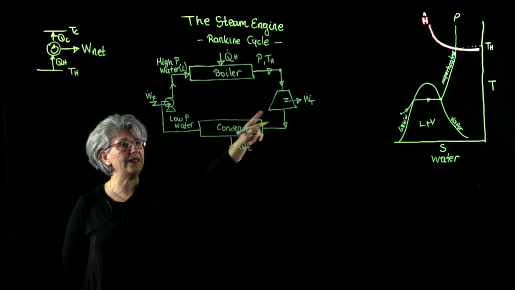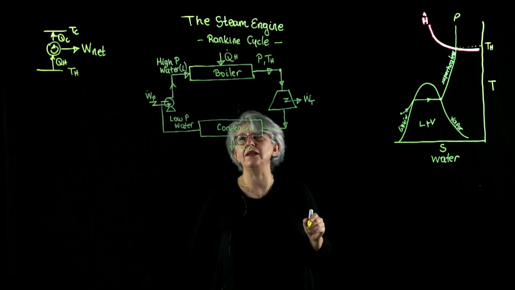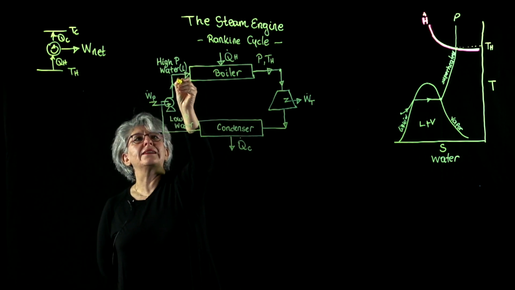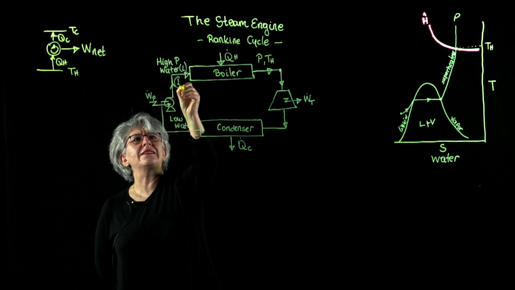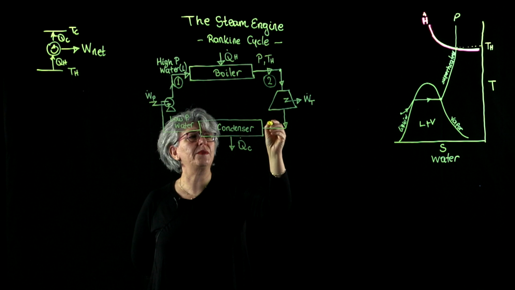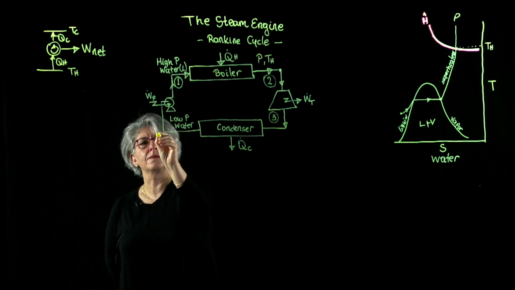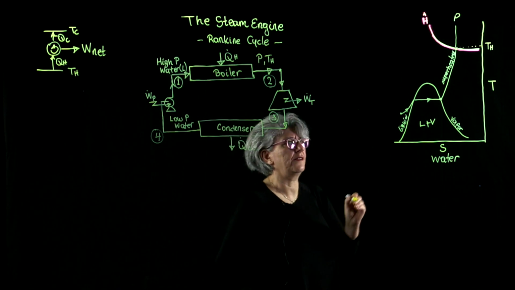Now we are going to place this on the TS diagram. So let me set states so that we can navigate between two diagrams. Here we are at state 1.